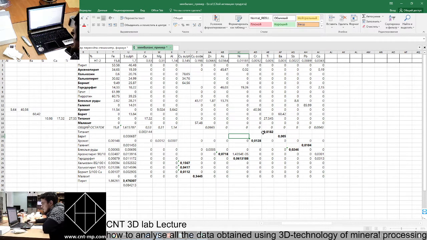For example, the bold font highlights the content in percent of each mineral phase we saw.